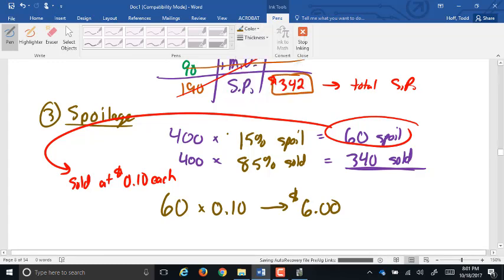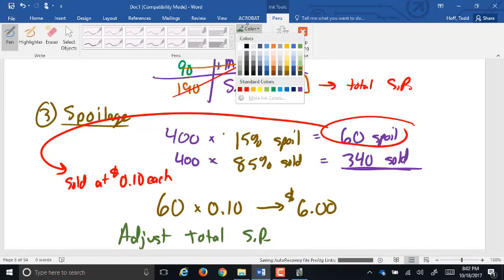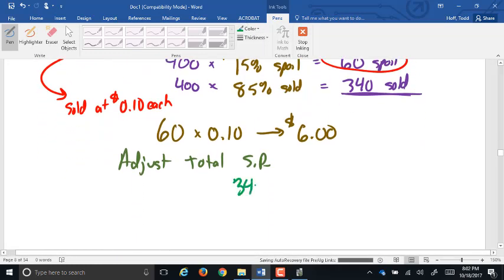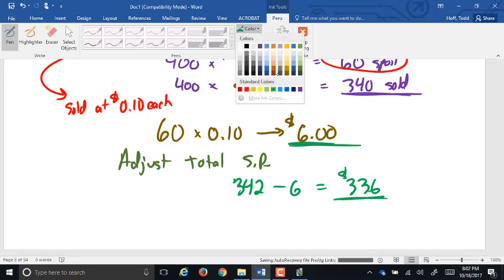What that means is we have to adjust the total selling price. We need $342. We're going to get $6 back out of the spoiled ones. We only need $336 for the ones that sell.